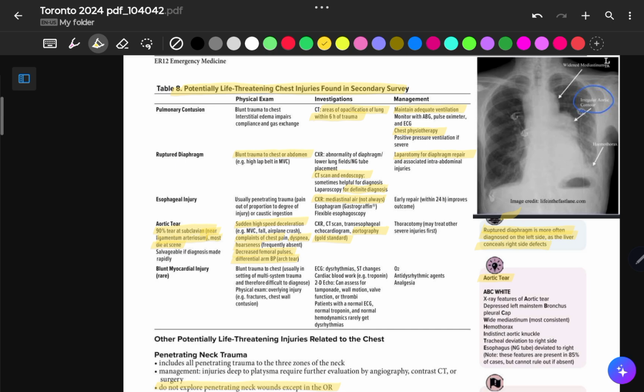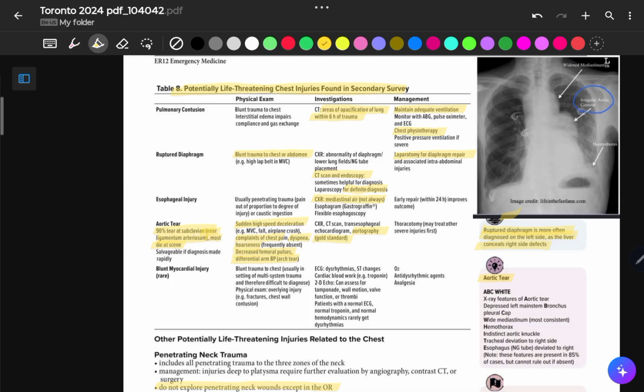Now, ruptured diaphragm. Usually due to blunt trauma to the chest or the abdomen. It's usually due to a high lap belt, so the seat belt, in a patient that was involved in a motor vehicle collision.